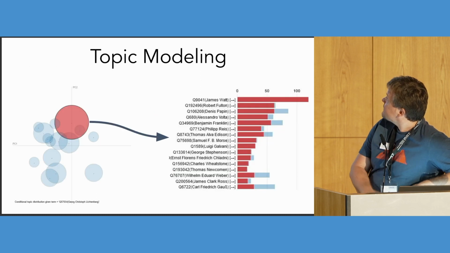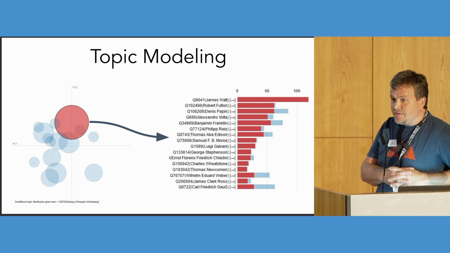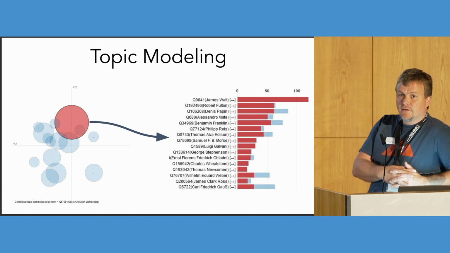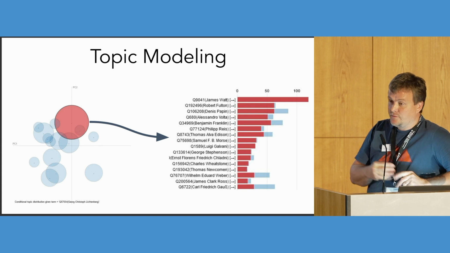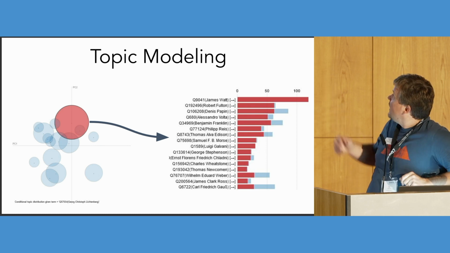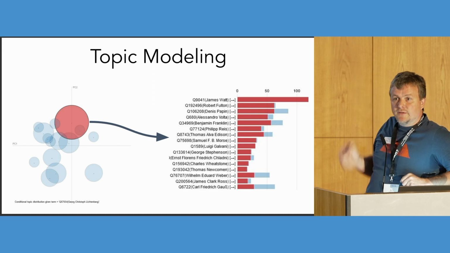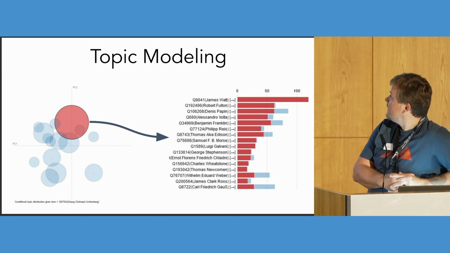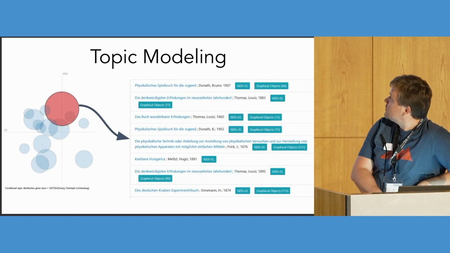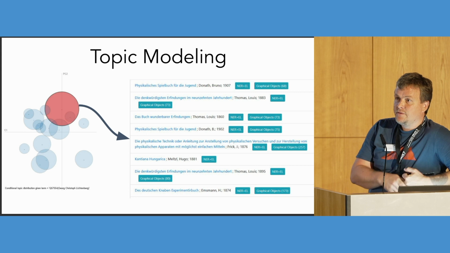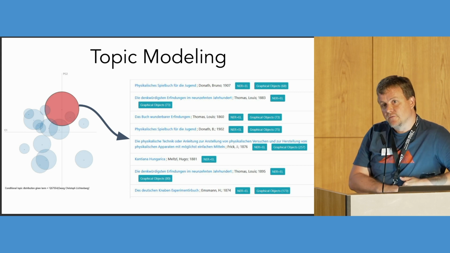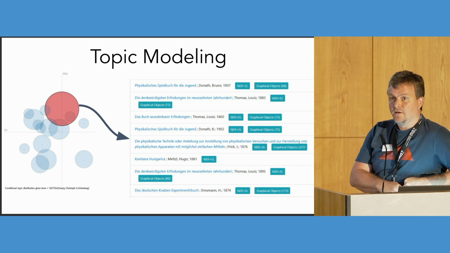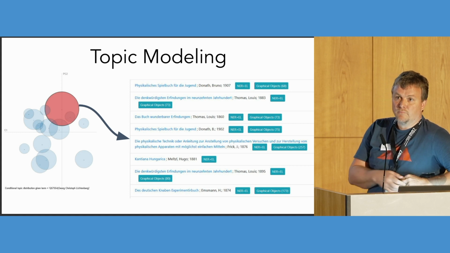And the nice thing is, if you take a closer look at this conditional topic distribution and you select one of the topics, then you get other entities you might be interested in, which are highly related to the entity you were looking for. Of course, you can also derive from that topic modeling a matching list of the documents that are closest connected to the entity you are looking for.